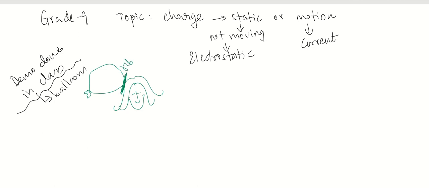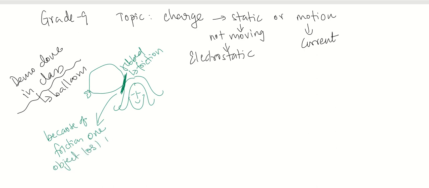So when you rubbed, you caused an effect of friction, and because of friction, one object lost negative charge and the other gained.